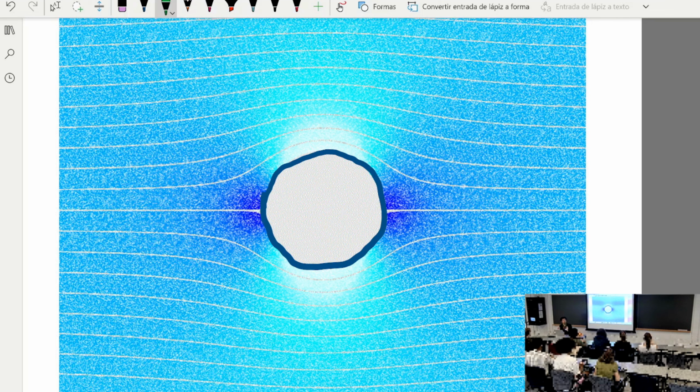The density of circulation, that is, how much circulation I have on a small section, is actually different everywhere.